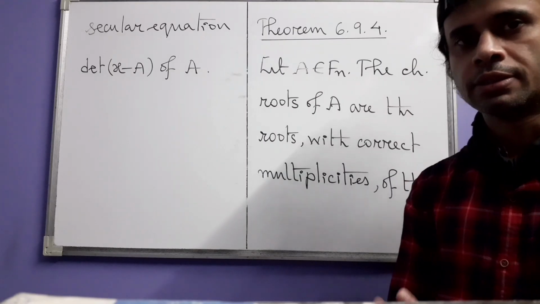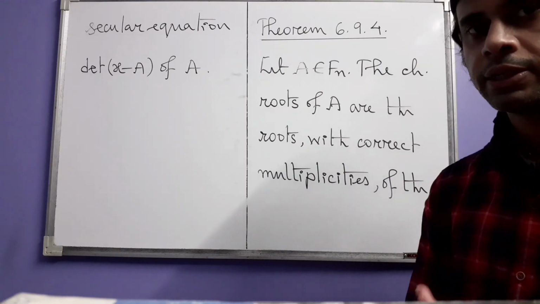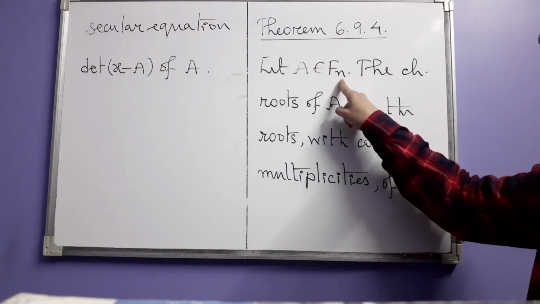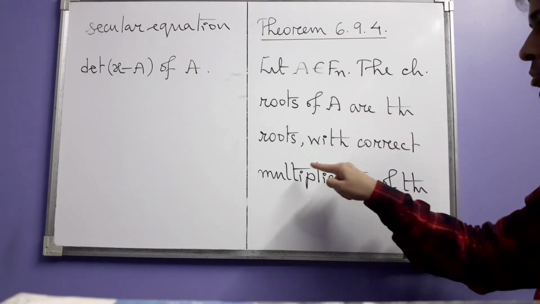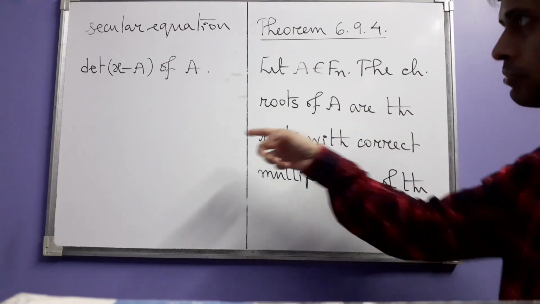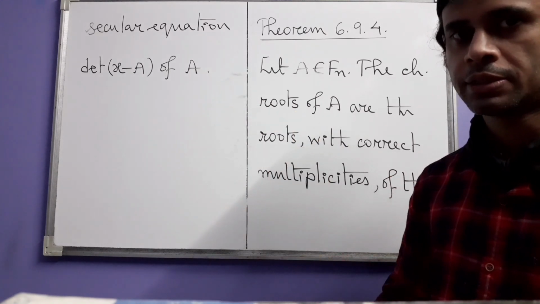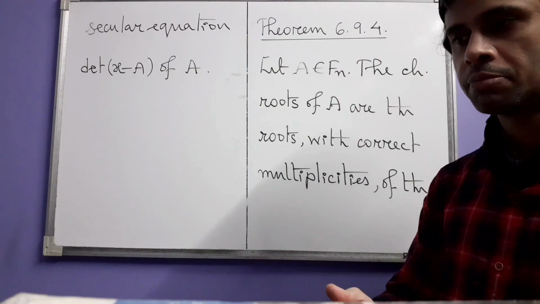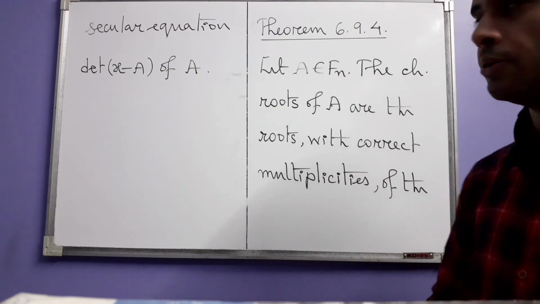And this is the result about secular equations and how they can be used to calculate characteristic roots of a matrix. So you have a matrix A in Fn, then the characteristic roots of A are the roots with correct multiplicities of the secular equation. This is a polynomial, and polynomials have roots, which are precisely those field elements where, if you evaluate the polynomial at that element, you get 0.